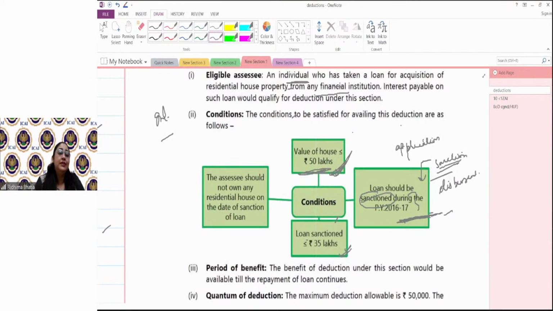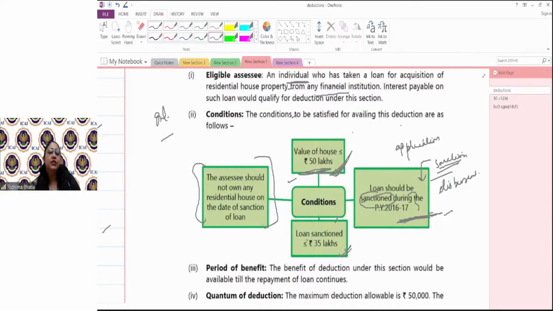And since I was talking about the purpose, that everyone should have a house, the person who already had a house or has a house cannot claim 80EE, except for the house for which he is claiming 80EE. If on the date of sanction of the loan he already has a residential house, then the purpose for introducing section 80EE gets defeated.